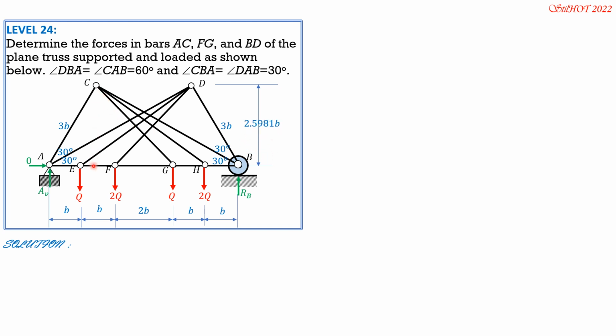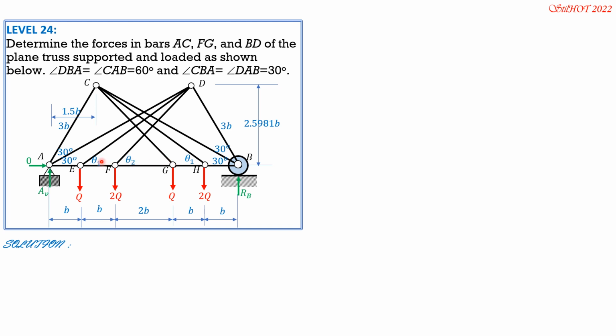While this horizontal distance is 3b cosine of 60, so 1.5b. Horizontal distance between D and B also is 1.5b. So we will call this theta 1, also by symmetry. This is theta 2, and this is also theta 2.